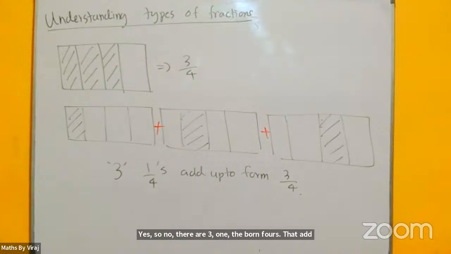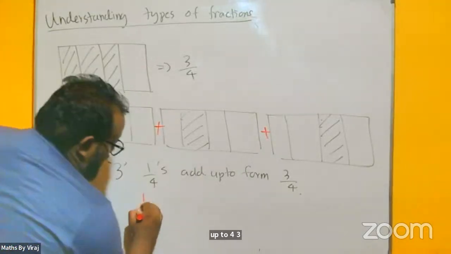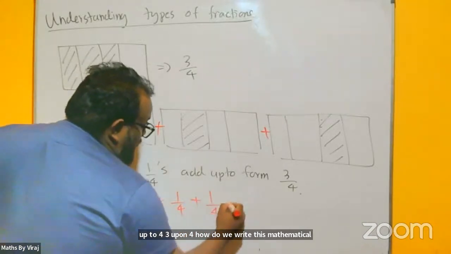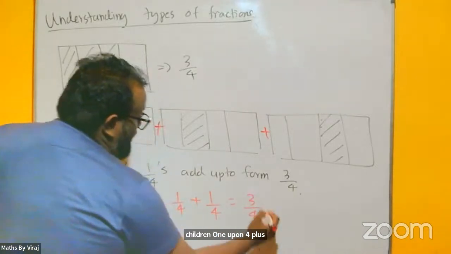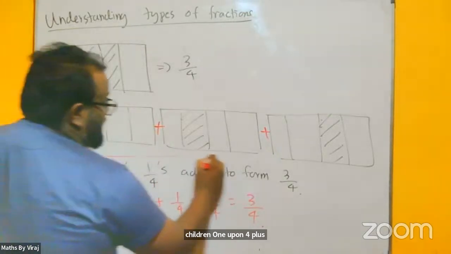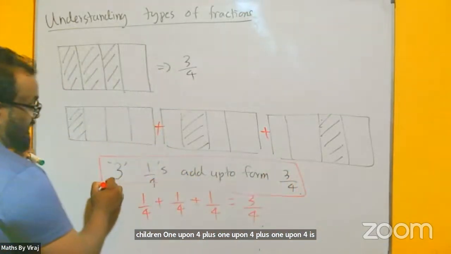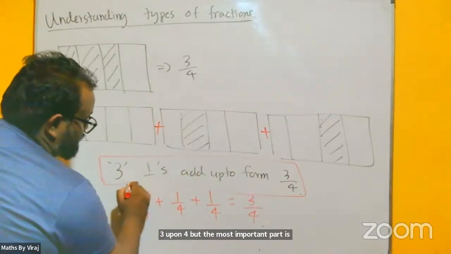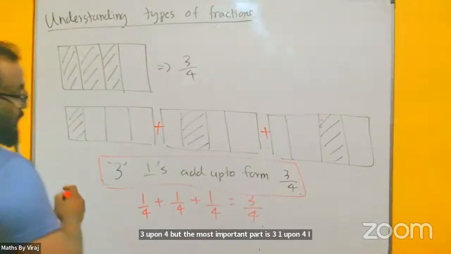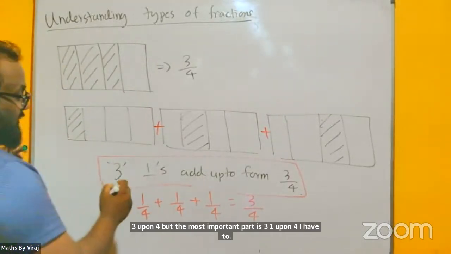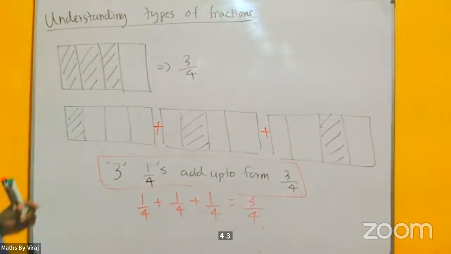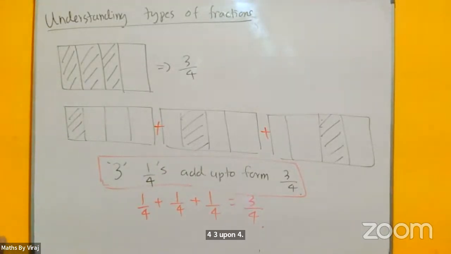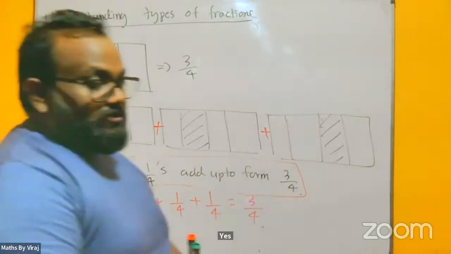How do we write this mathematically, children? 1/4 plus 1/4 plus 1/4 is 3/4. But the most important part is 3 1/4s add up to form 3/4. Are we clear? Yes. Very good. Take this down fast now.